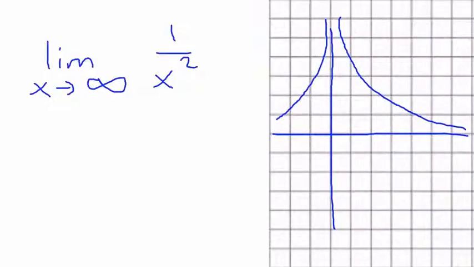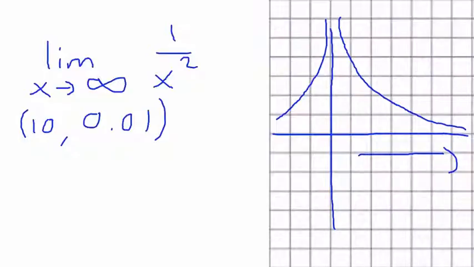So the more values you choose, it keeps getting closer and closer to 0. So as it approaches infinity, it's going to keep getting closer and closer. Because if we choose 10, it would be 0.01. If we chose 1, it would just be 1. So as the number gets bigger, it's getting smaller.